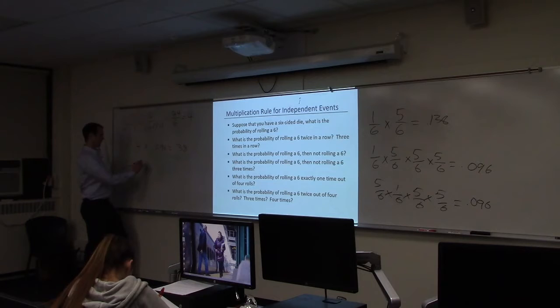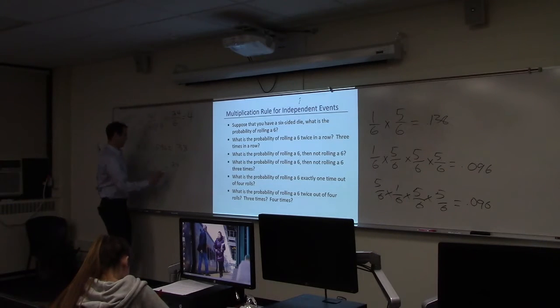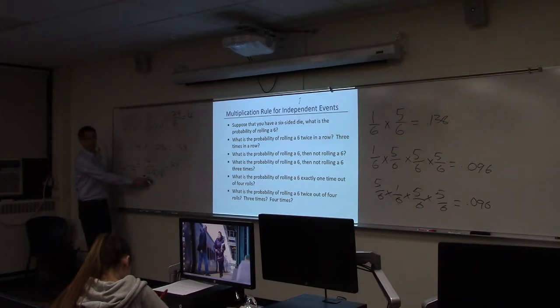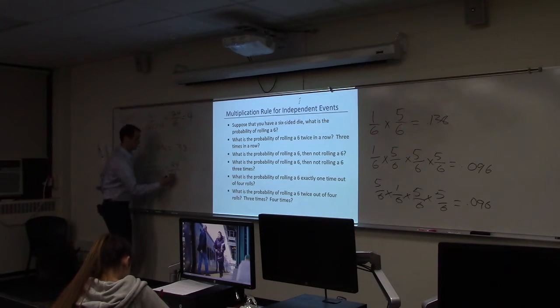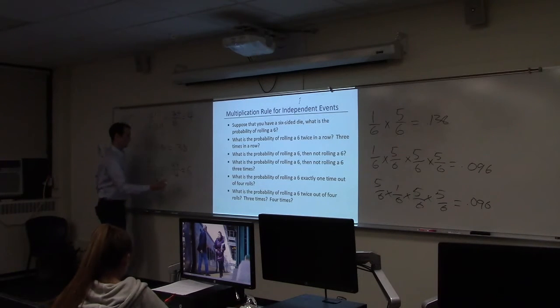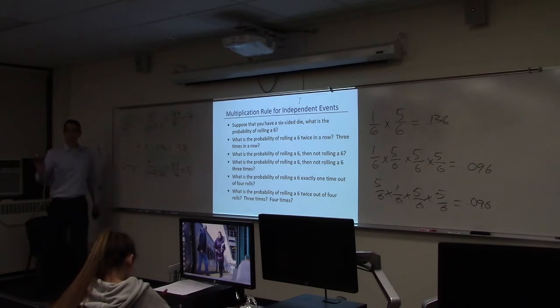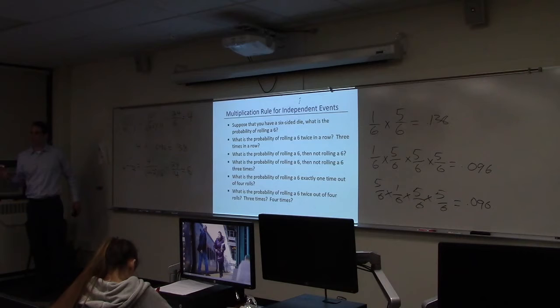But let's just go ahead and crank it out anyway. 4 factorial over 4 minus 2 factorial, 2 factorial. 4 factorial is 24. 4 minus 2 is 2. 2 factorial is 2. 2 times 2 is 4. And 24 divided by 4 is 6. So we know there are 6 different ways that this could happen.